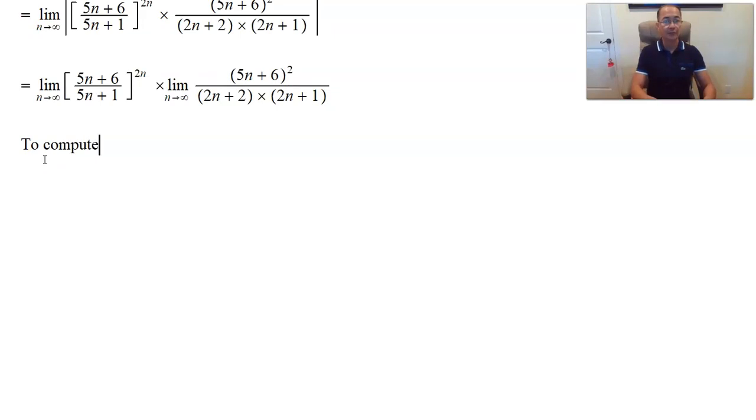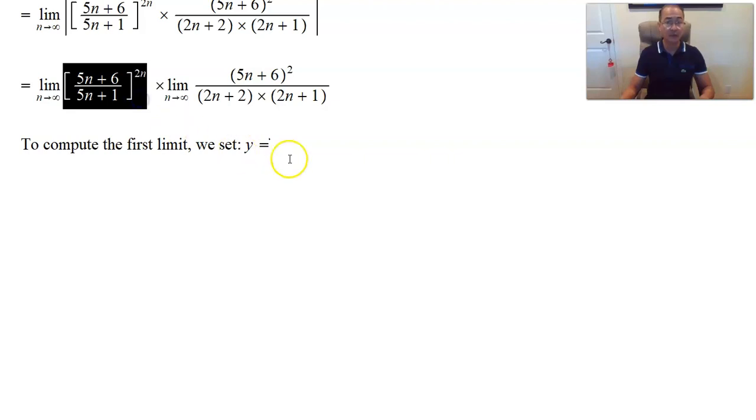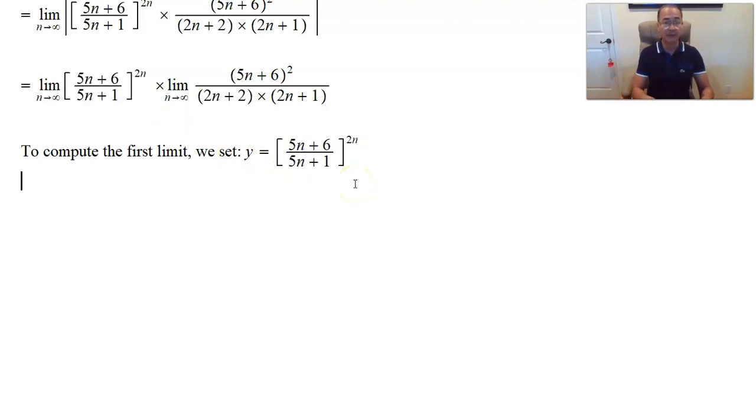Okay, so to compute the first limit, we set y to be this whole thing, including the exponent. So ln of y is the ln of this thing.